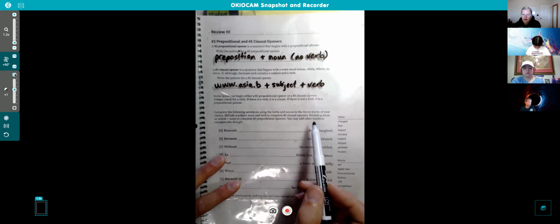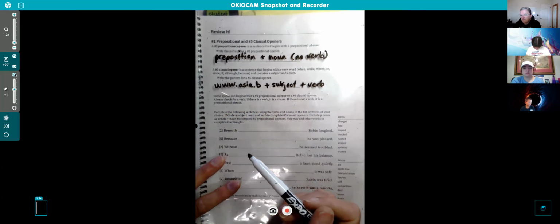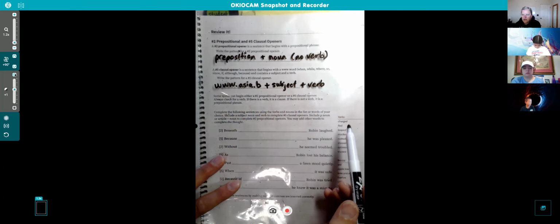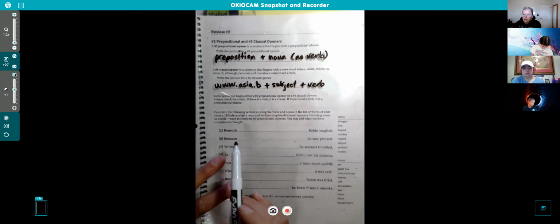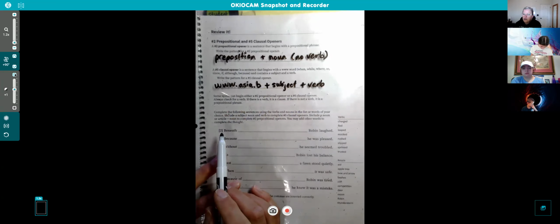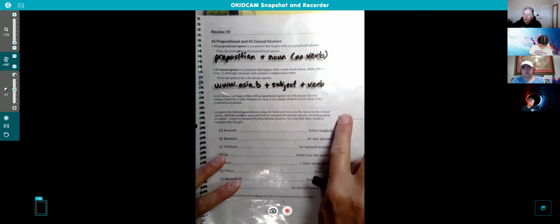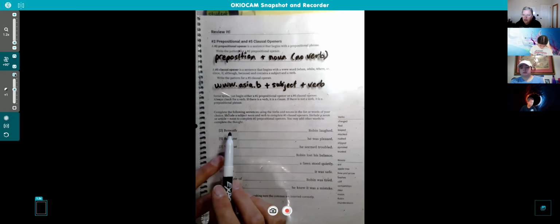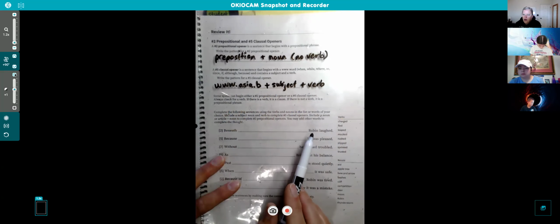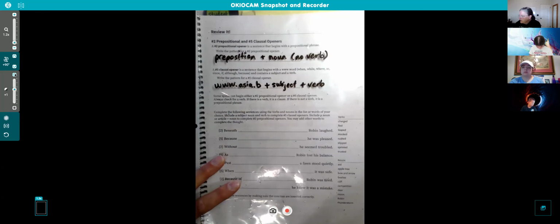You may add other words to complete the thought. So notice in the margin, you have a list of verbs and a list of nouns. Remember, a number 2 does not have a verb, so we're not even going to look at that list yet.